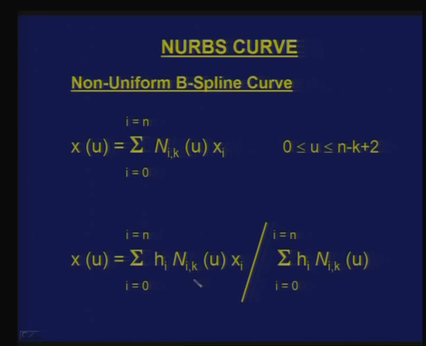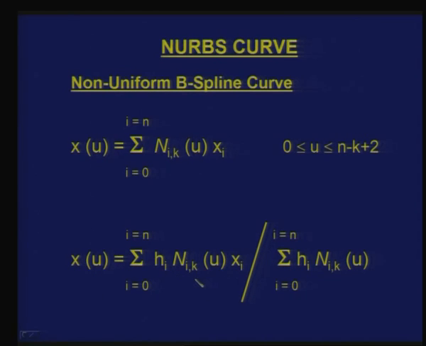Now, a NURBS curve is basically a rational version of a B-spline curve. NURBS stands for non-uniform rational B-splines. You know what non-uniform B-splines are, so if I make it rational, I have the non-uniform rational B-spline version.